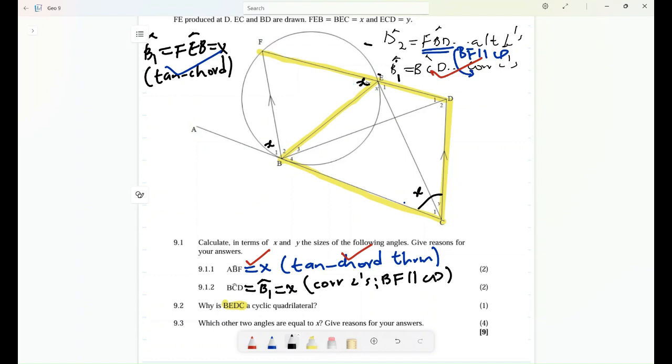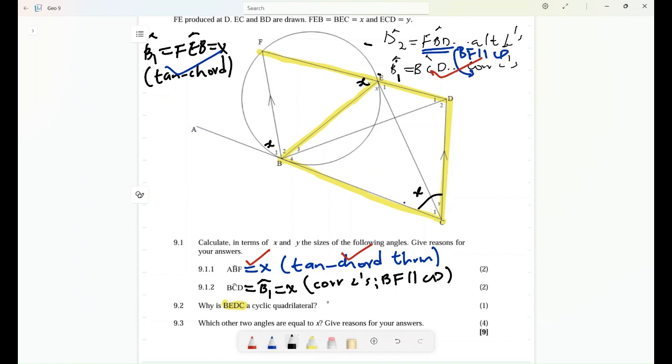So I might try to see if it is equal to the interior opposite angle. And in this case, yes, it's true. If I'm talking about this angle, I'm going to look at the interior opposite angle of it. And I can see, okay, my exterior angle here is X, as well as my interior opposite angle is X. Therefore, it means it should be a cyclic quad.